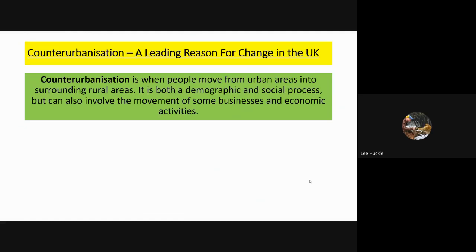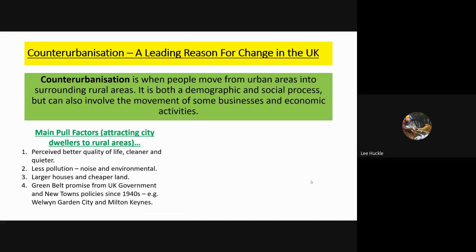And it's very important for you to be aware this isn't just a demographic change in terms of population and people. It's a social process as well, but also businesses and economic sides are applied to counter urbanisation. It's not just the movement of people. So what you'd have then done is you've discussed and fully explained some of the main pull factors attracting city dwellers to rural areas, and there's a summary there.